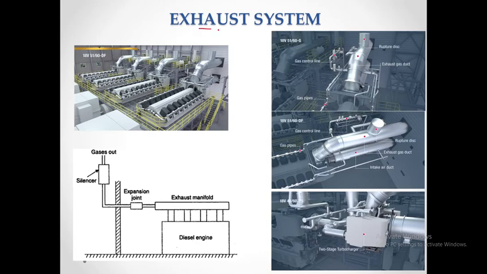In the exhaust system, the diesel engine is here, with the exhaust manifold. Then from here the expansion joint is there. Then the gases go to the silencer, and then go out.